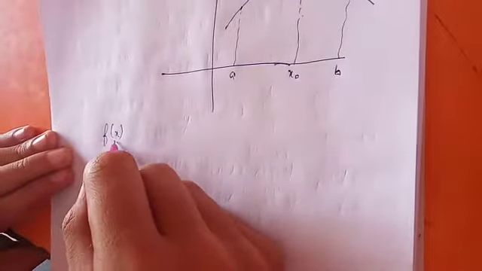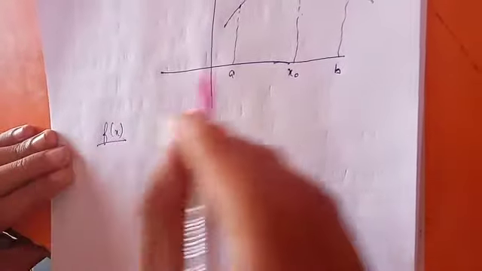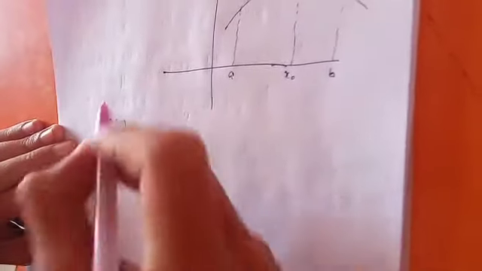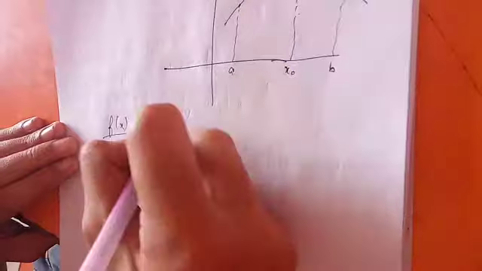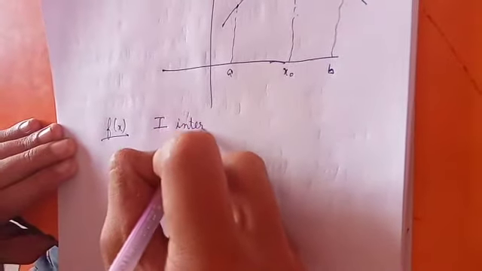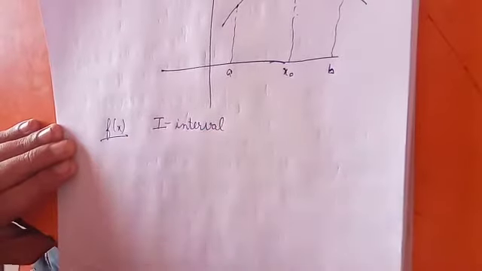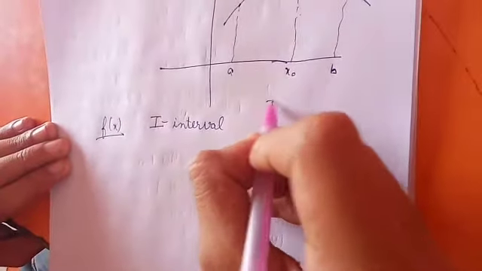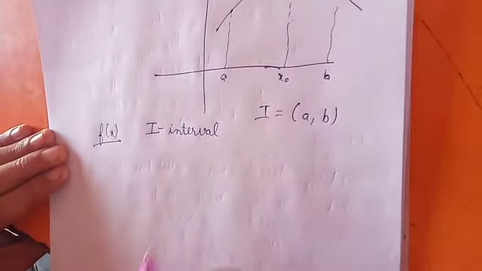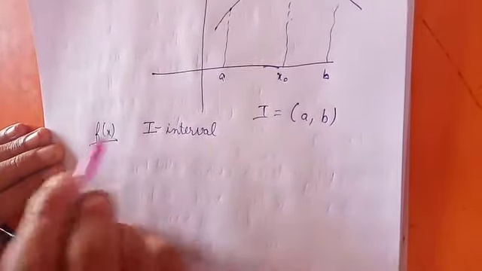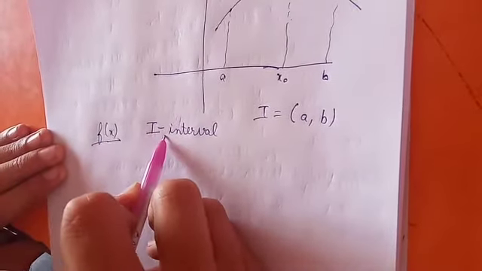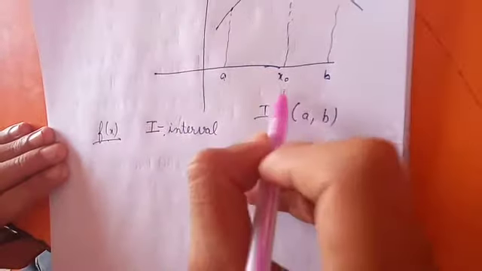The function is said to have a maximum value in an interval I, and here I is equal to a to b. In interval I, it must have a point, say x naught.